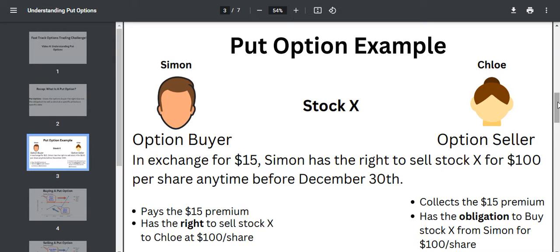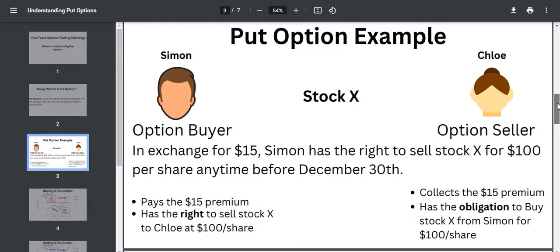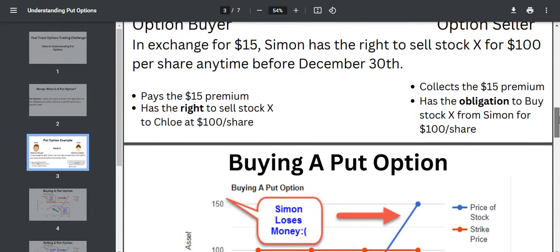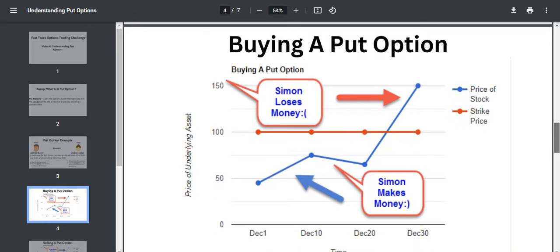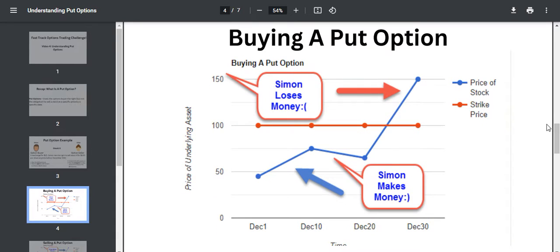So let's look at the trade from both Simon and Chloe's perspective. Buying a put option. Simon's buying this put option because he thinks StockX is going to fall before December 30th below the strike price of $100 per share.